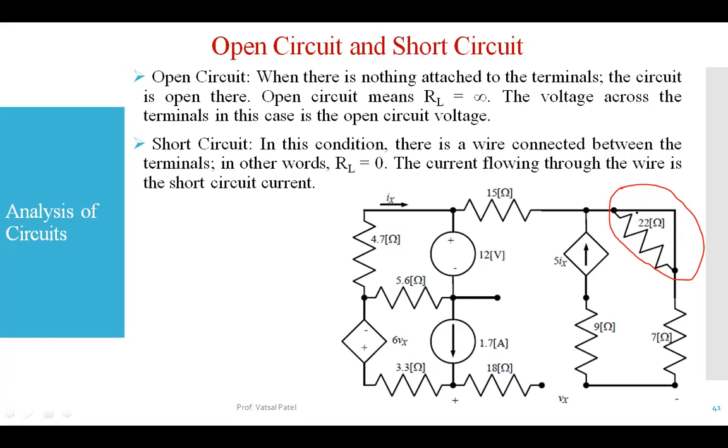All the current passes through this short circuit wire, because this wire has a lower resistance value. And as we know, the current will select the lowest resistance path to flow. So no current flows through the 22 ohm resistance. All the current passes through this short circuit wire only. Understand? Yes or no?